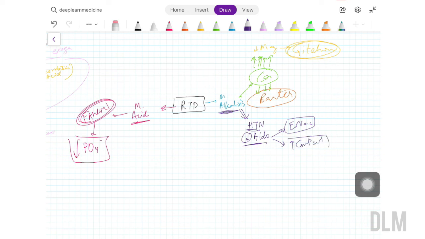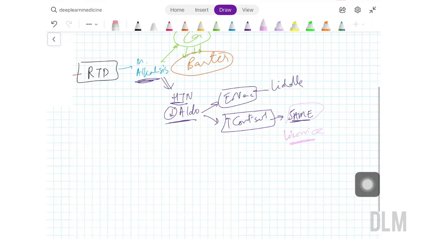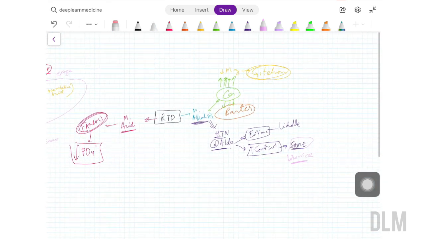The defect in ENaC channel would be Liddle syndrome, and the increase in cortisol would be SAME. The question would also mention the use of licorice if it's SAME, that is acquired, or they won't if it's hereditary. Okay. I also promise to tell you how to differentiate the hereditary causes.